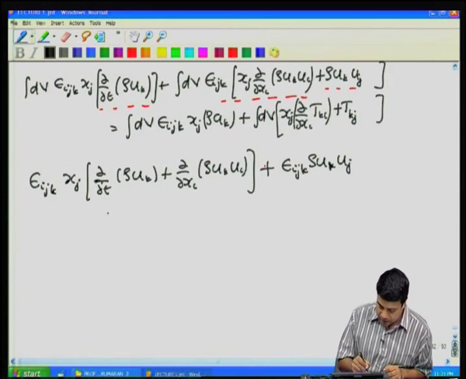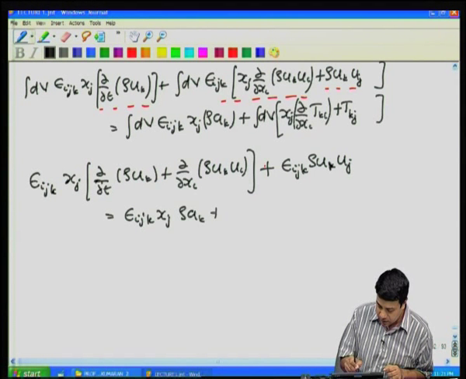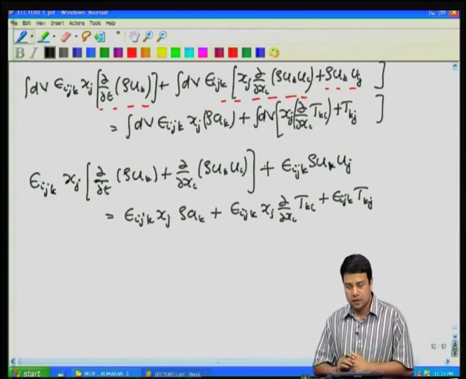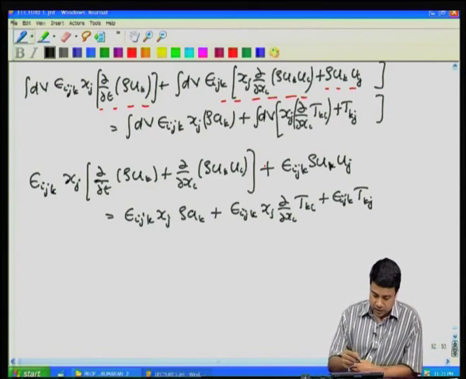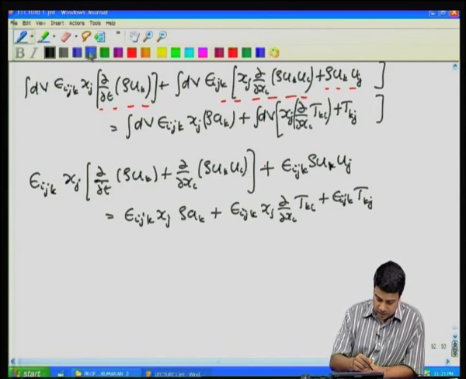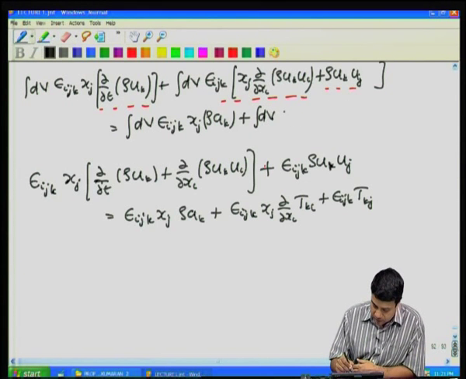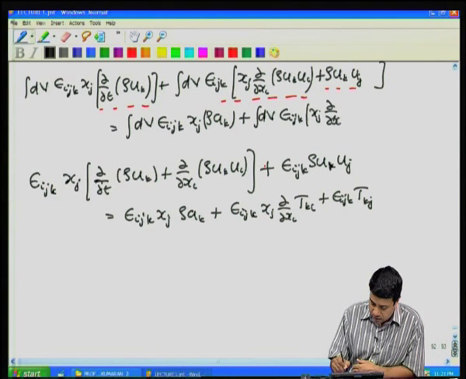And on the right hand side, I have epsilon_ijk x_j rho a_k plus epsilon_ijk x_j ∂/∂x_l of T_kl plus epsilon_ijk T_kj, after removing the volume integrals, and I should have an epsilon in this term as well. Okay, so, let me put that epsilon in. Plus T_kj.